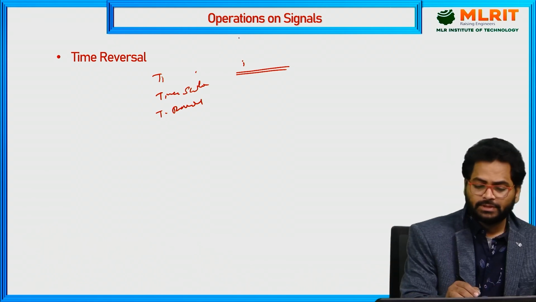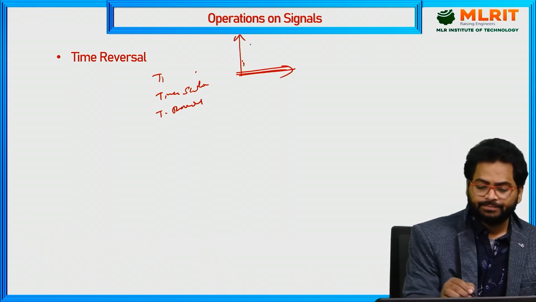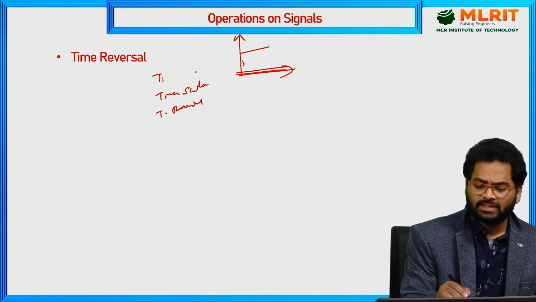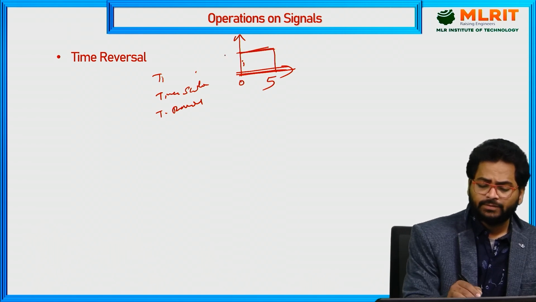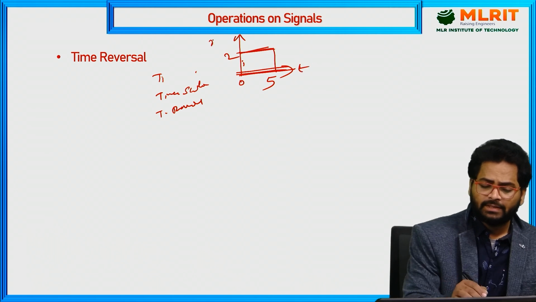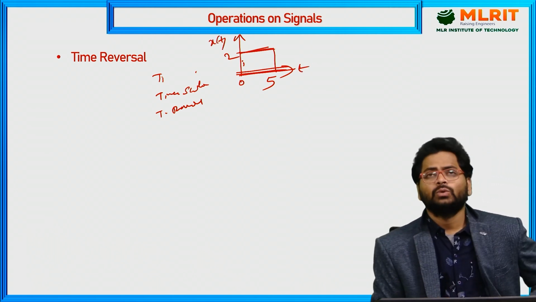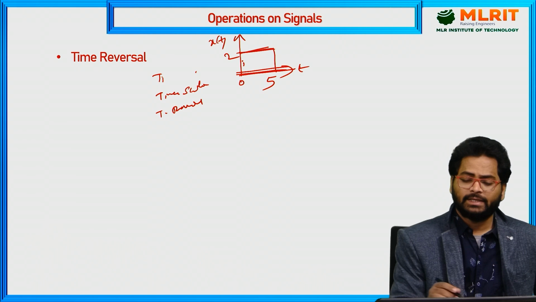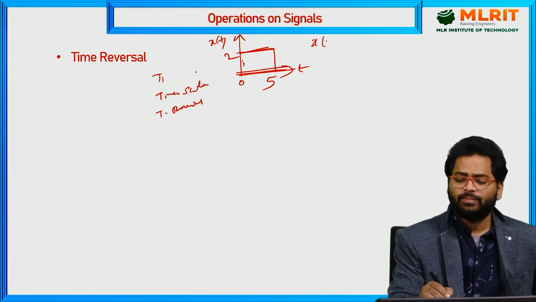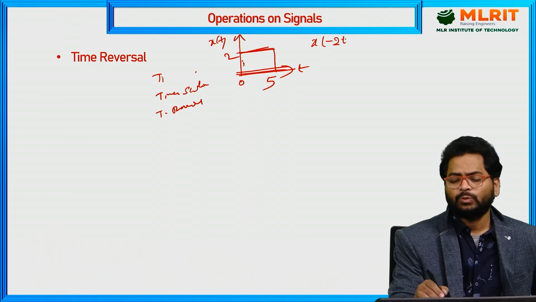Suppose this is a signal I am taking, x of t, over the time interval 0 to 5. I want to do all these operations on the signal: x of minus 2t plus 4.